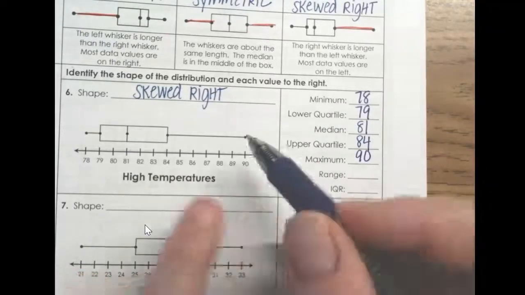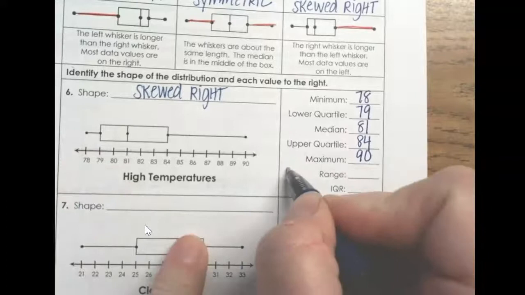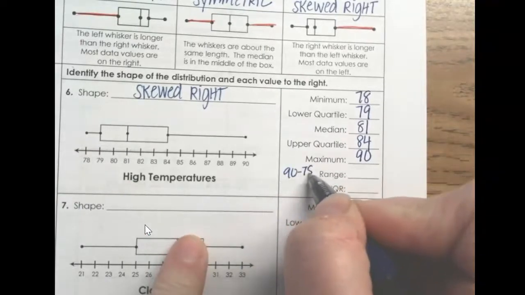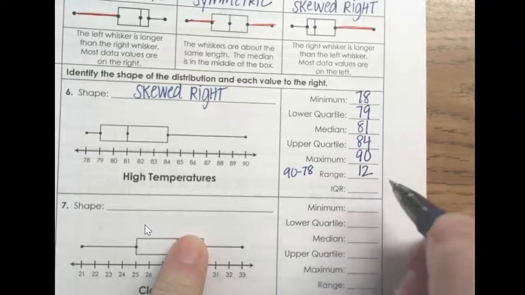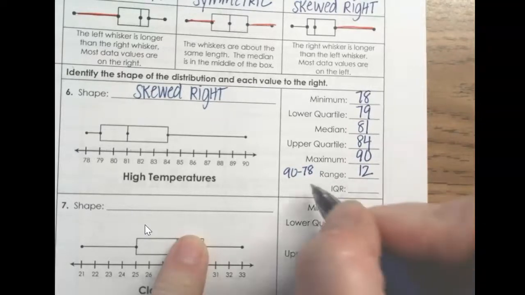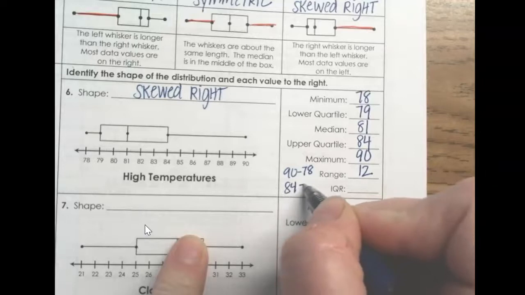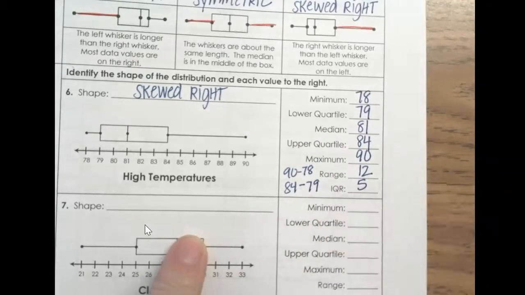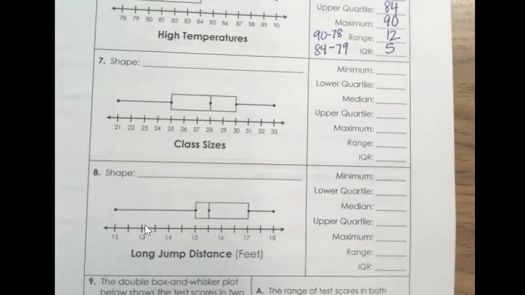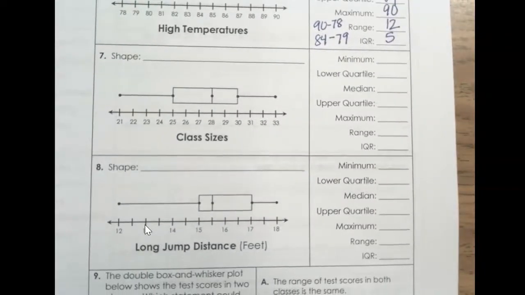So your range, remember, that's your largest minus your smallest, so that'd be 90 minus 78, which is 12. And then your IQR is your Q3 minus your Q1, so that's an IQR of 5. Okay, so what I want you to do is try these next two. Stop the video and give them a try and come back and check.